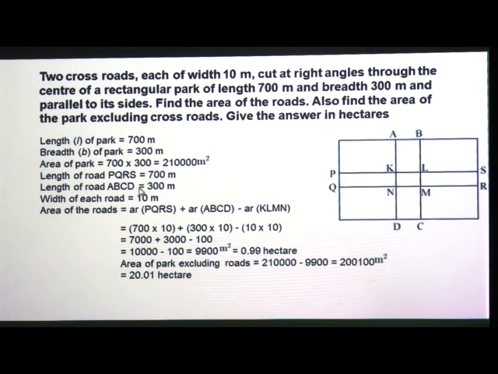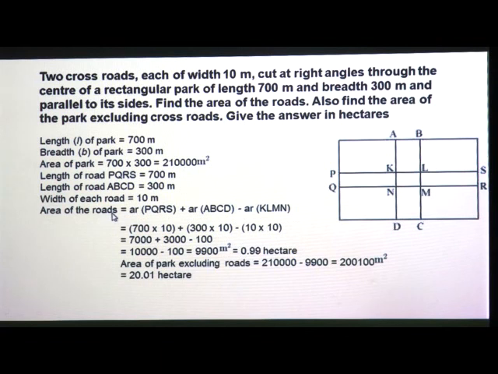The length of road ABCD is 300 meter. The width of each road is 10 meter, which is already given in the question. So, this is 10 meter here also.